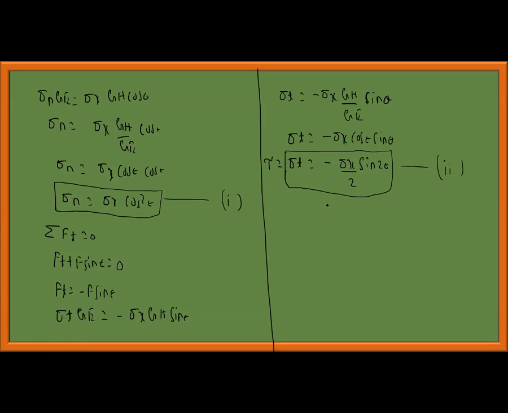We have derived this. We want to find the principal stress and the maximum shear stress. How to find? This is by inspection. First, I will take the normal stress: sigma n is equal to sigma x into cos square theta. For what values of theta will this be maximum? Give me a moment.